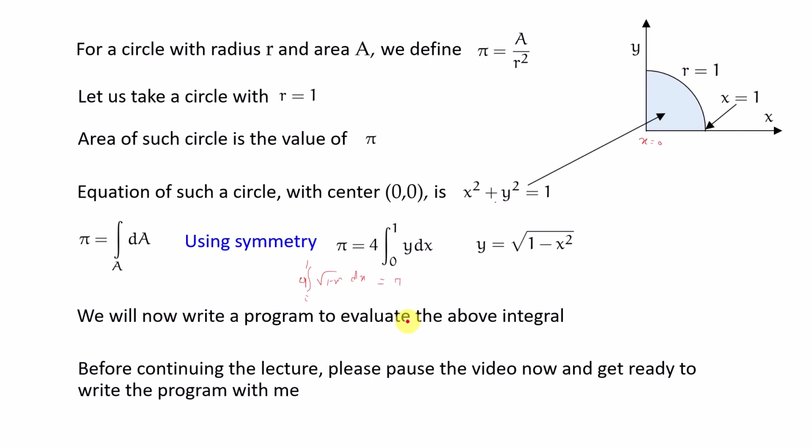If you do not have any means to actually write a program, or if you don't know how to write a program, or if you don't have time, at least write the pseudocode for different methods for evaluating pi. So now get ready. We'll now go to the Jupyter notebook where I'll write the Python program for this problem.